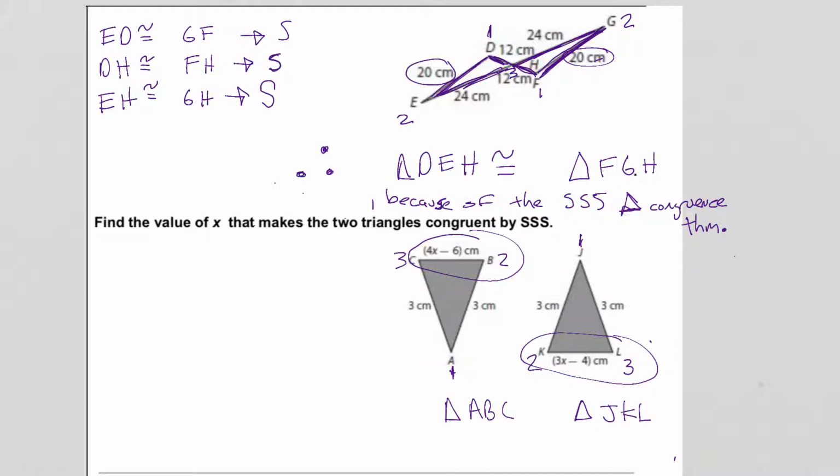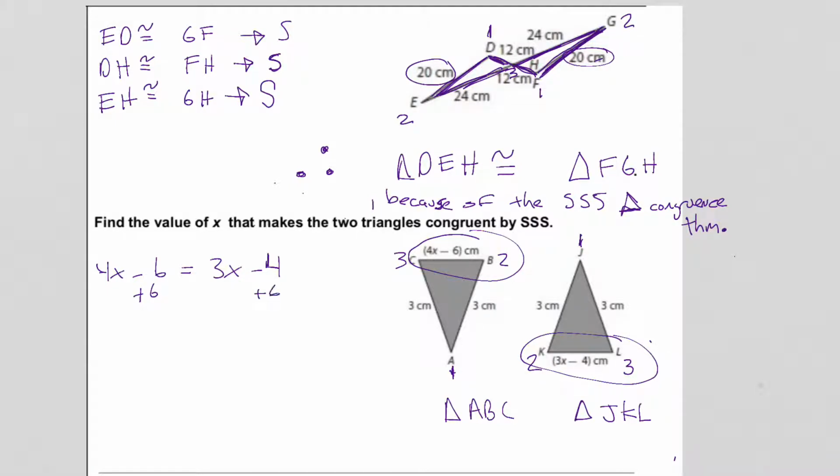So if these things are in fact congruent, the sides would be the same. So 4x minus 6 would have to be the same as 3x minus 4. So from here, it's now just an algebra problem solving for x.